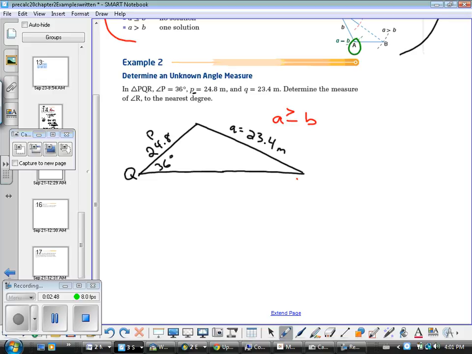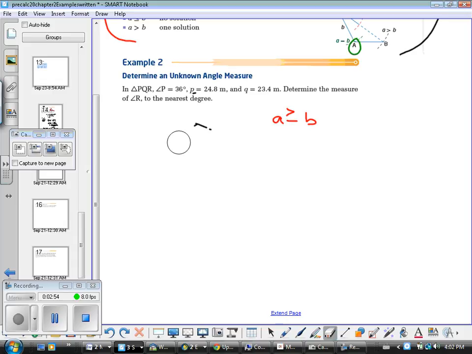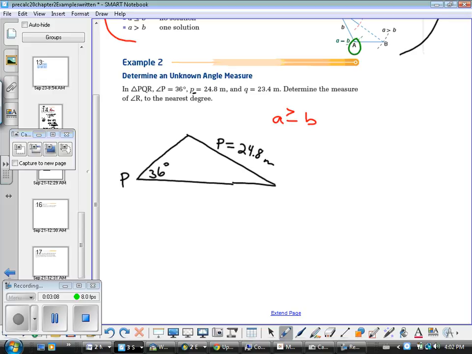Sorry, I screwed up. Let me just fix that for you. One sec. Okay, sorry, I wrote angle Q and then I totally messed everything up. This is angle P. Okay, so obviously across from that is going to be the longer side of P, 24.8 meters. Q, 23.4 meters. This is going to be angle Q and this is angle R.